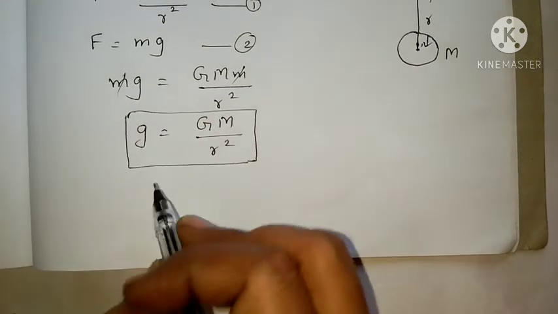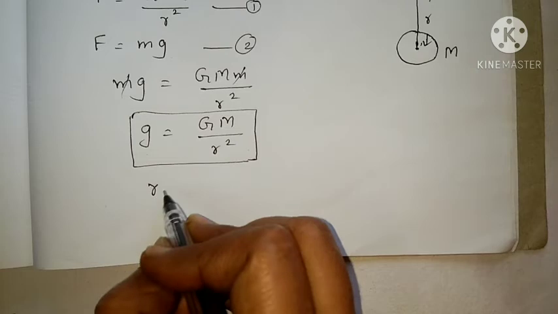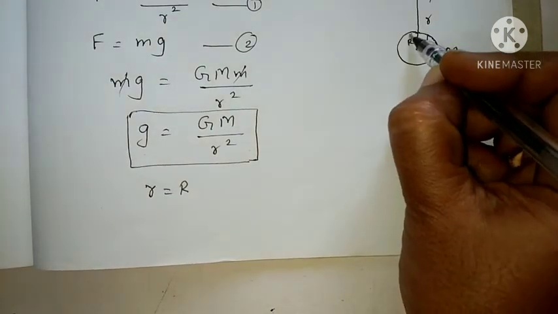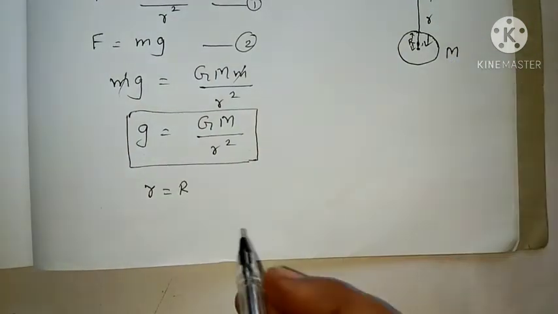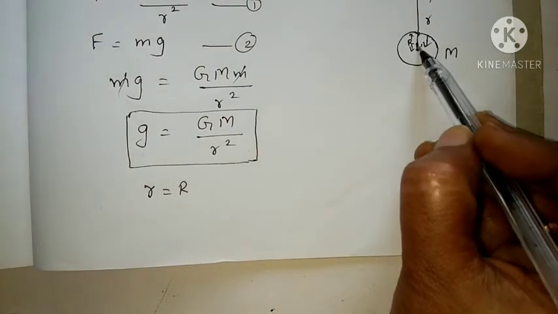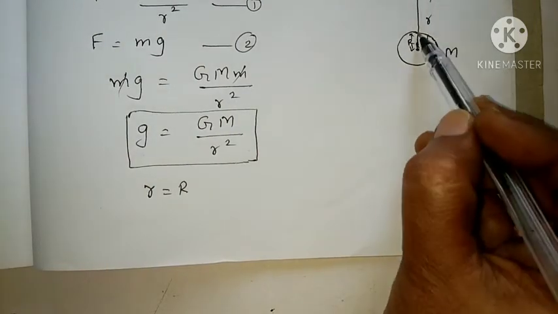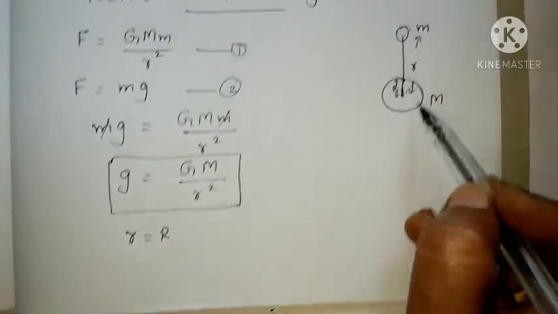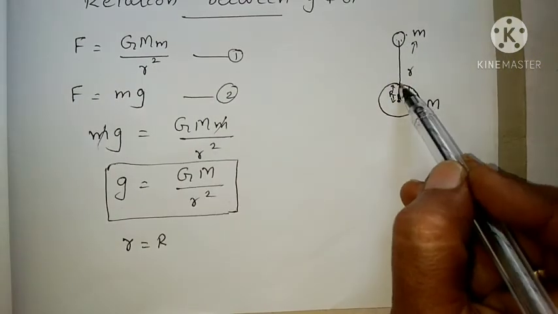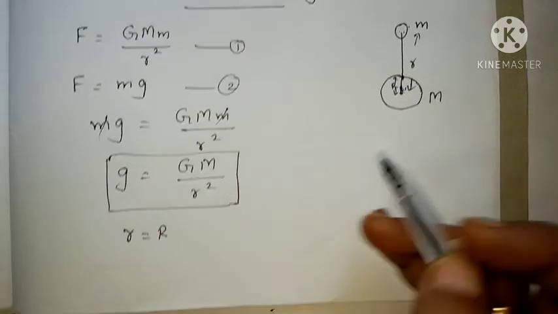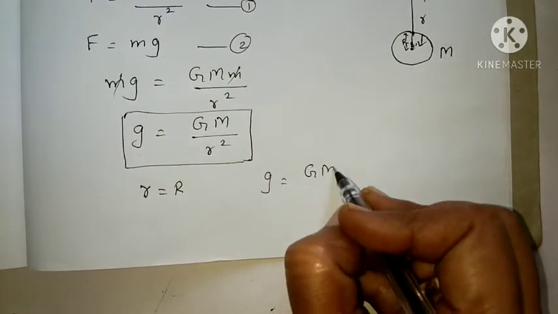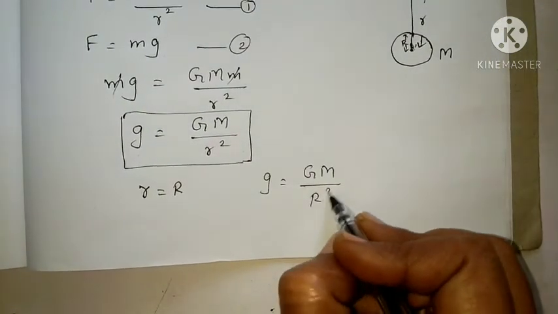So if small r equal to capital R, where capital R is the radius of the earth, then the body is on the surface of the earth. So at that time we can write g equal to G M by capital R square.